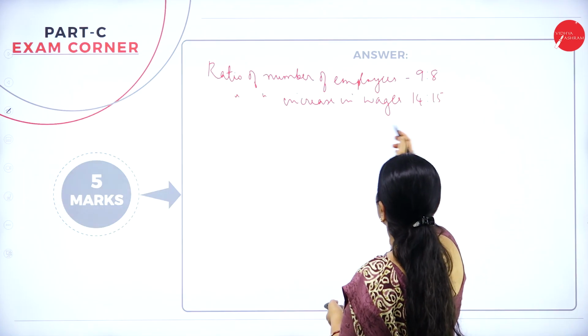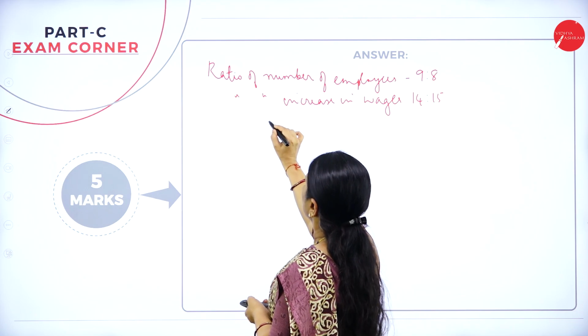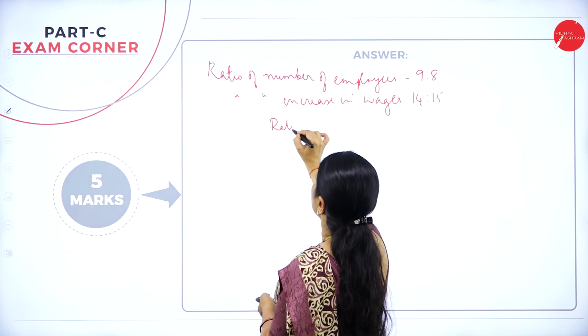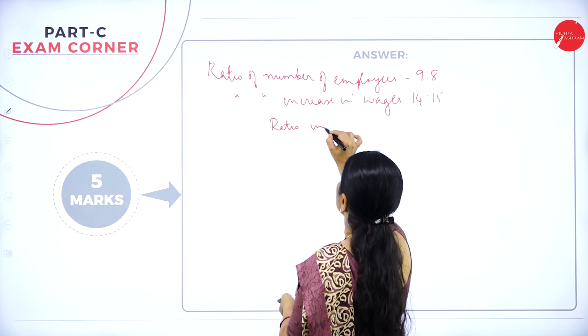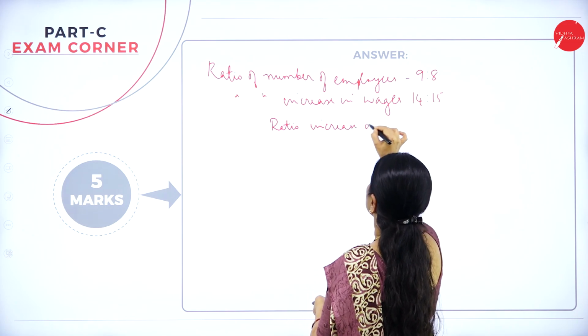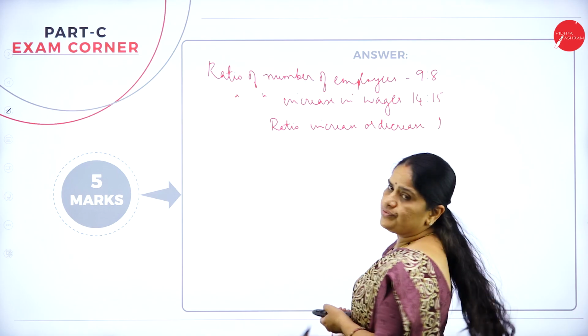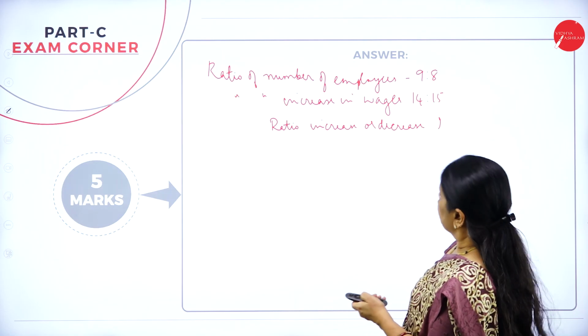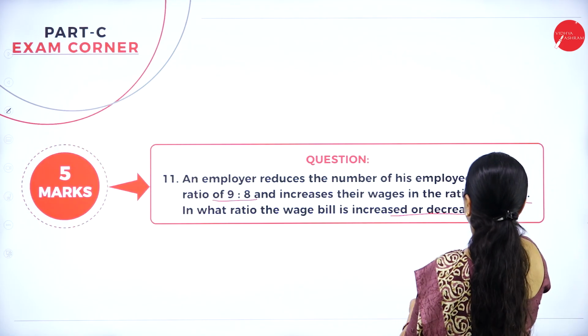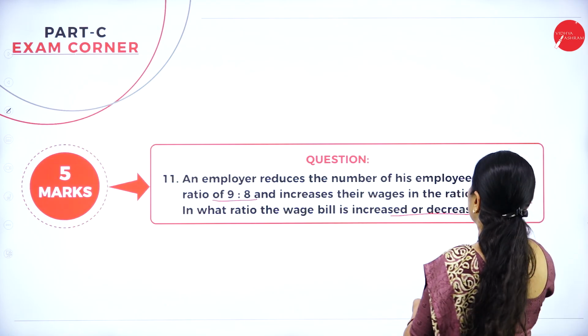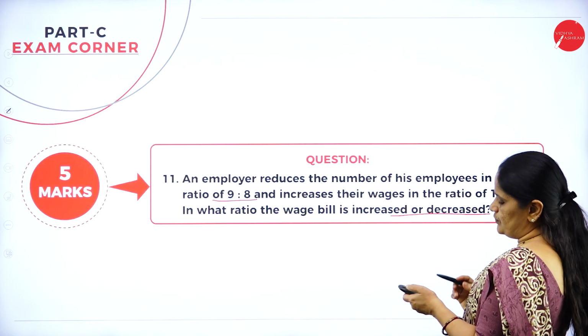In what ratio is the wage bill increased or decreased? So we have to find the ratio of increase or decrease. They have given the number of employees as 9:8 and the wages as 14:15.